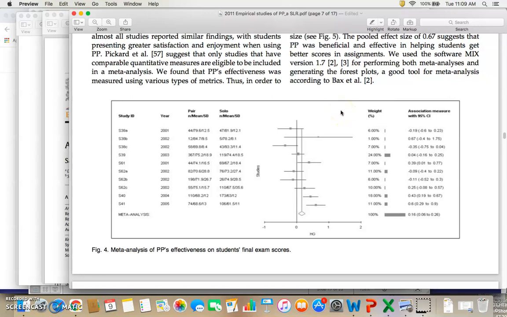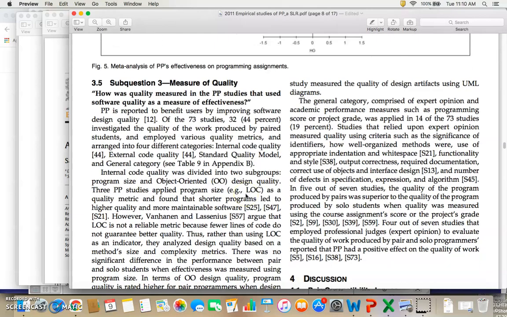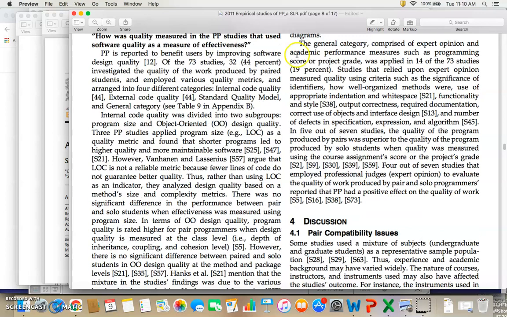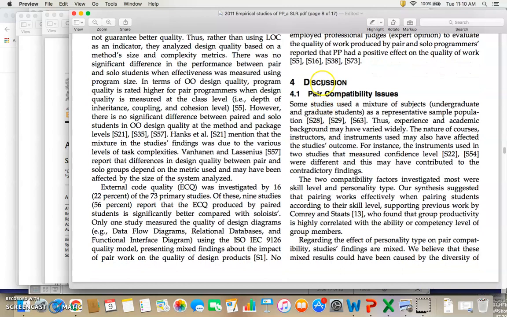It turns out it gives only a small effect size, which is not a really strong significant finding if you were to conclude how effective pair programming is towards students' final exam. But in terms of assignments, the majority is supporting, as you can see in the individual effect sizes as well as the pooled effect size. So this is a bit lengthy paper, 17 pages.